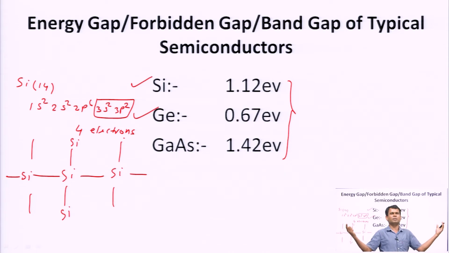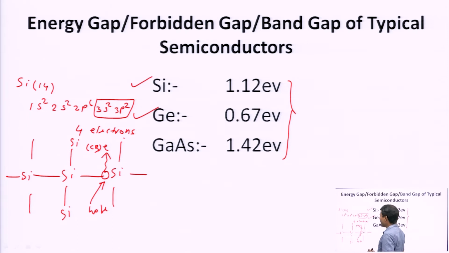Why does this happen in any pure semiconductor? Now, let us consider why. It is the inherent property of any semiconductor crystal that with the effect of temperature, one sigma bond breaks and one electron jumps into the conduction band, and it leaves a hole.